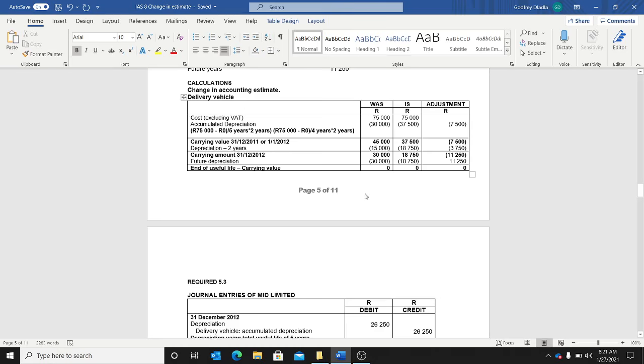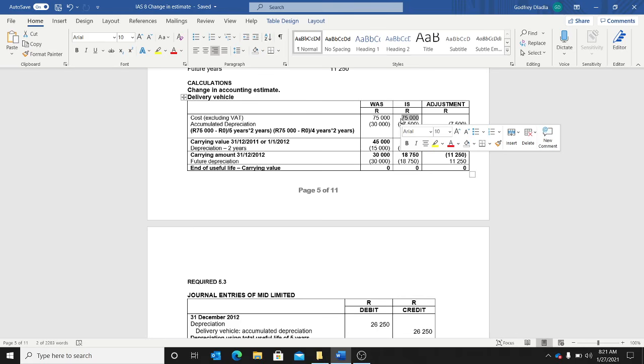Right. Now let's look at the is column. So here they're saying the asset is 75,000. If you take the 75 and divide it by 4, meaning once the total life has changed, because remember we're saying the remaining will change from 3 to 2, so it has been reduced from 5 to 4.